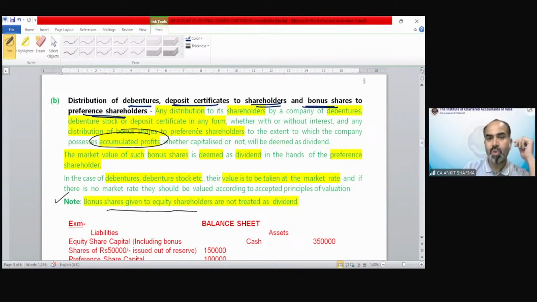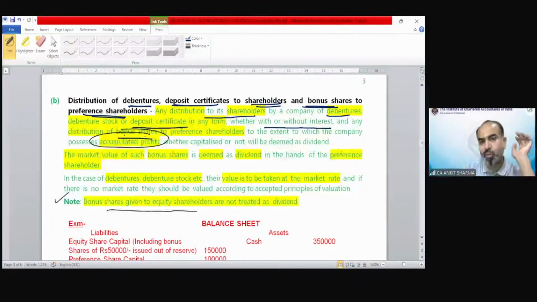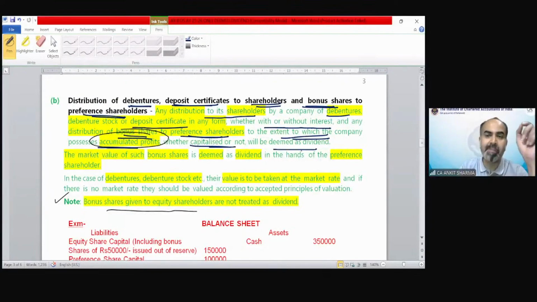Any distribution to its shareholder by a company of debenture stock, deposit certificate in any form, whether with or without interest, and any distribution of bonus share to preference shareholder to the extent to which the company possesses accumulated profit, whether capitalized or not, will be deemed as dividend.